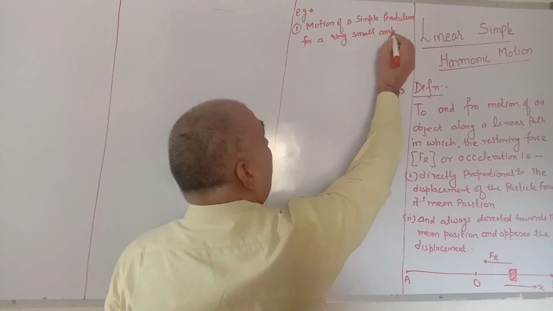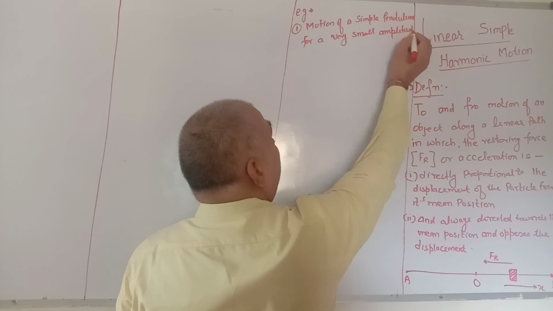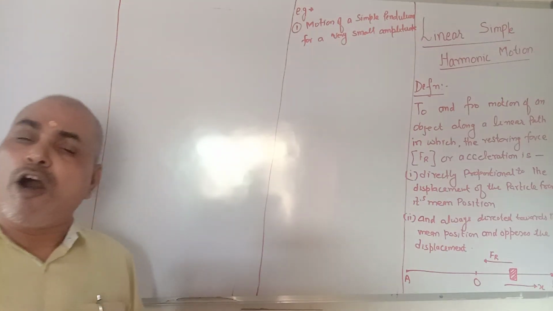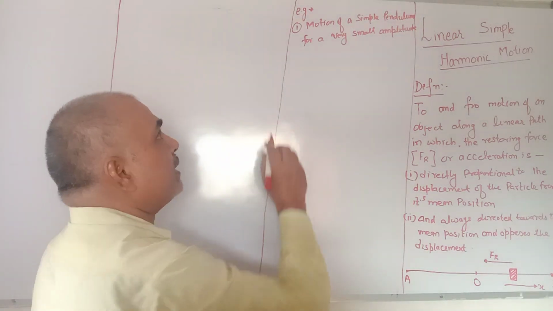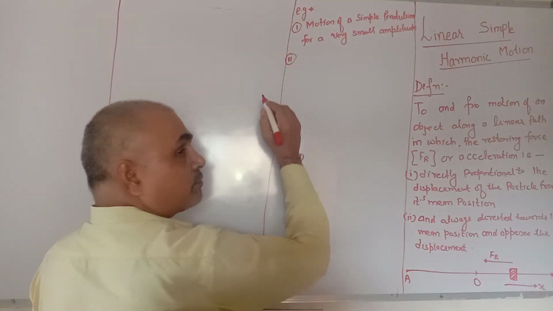If the amplitude of the simple pendulum is very small, then its motion can be treated as linear simple harmonic motion.